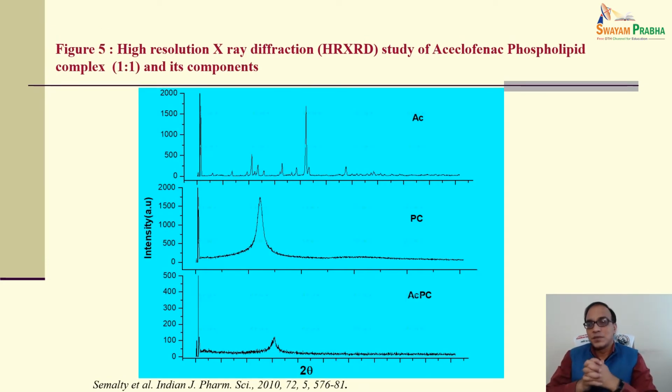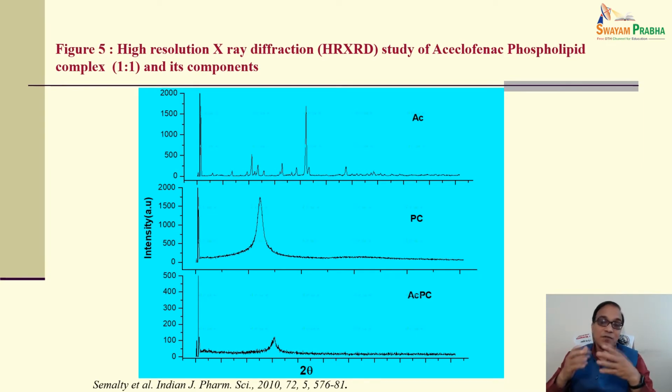Again, in the case of aclofenac, which is the analog of diclofenac, you can see the top one is the drug's XRPD, it is again from our publication in the Indian Journal of Pharmaceutical Sciences, then the phosphatidylcholine XRPD, and then its complex. You can see that diffuse peaks are there.